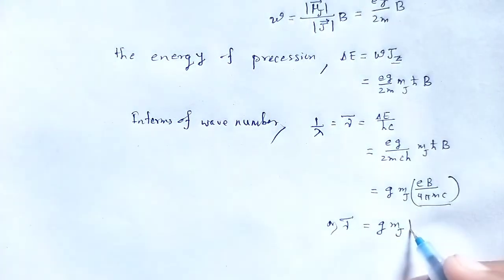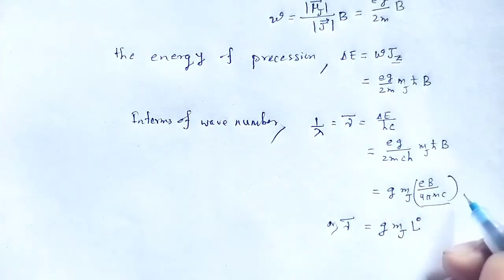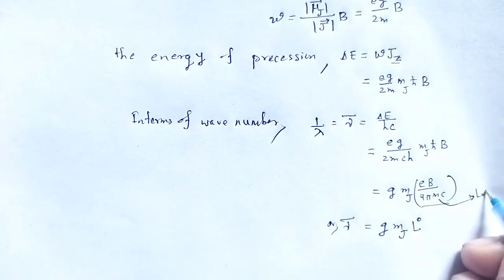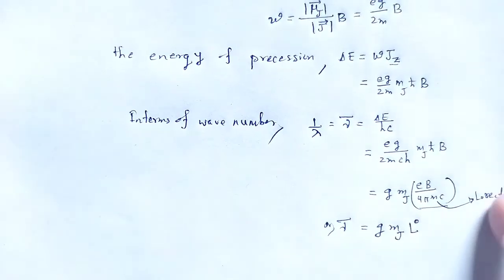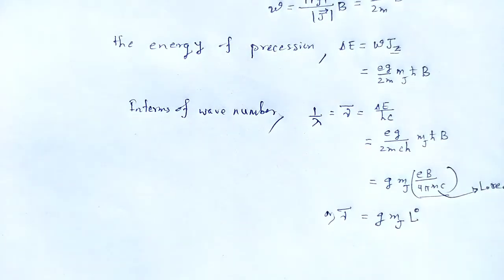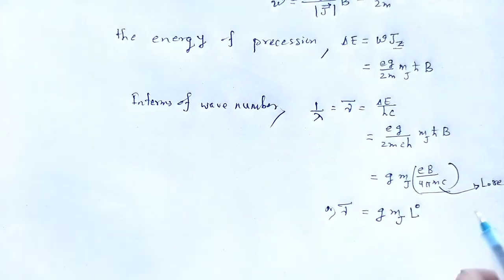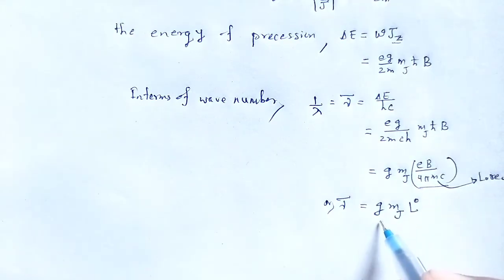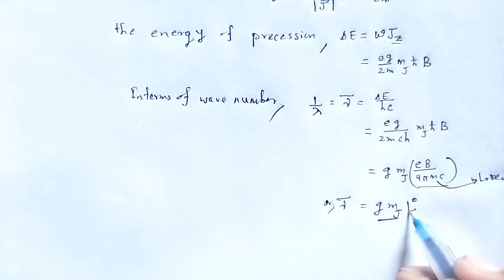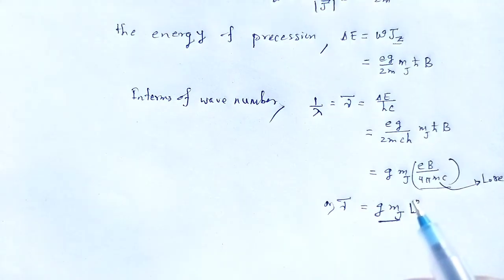That term is known as the Lorentz unit, which we studied in the normal Zeeman effect. The shift is the product of g m j and the Lorentz unit.